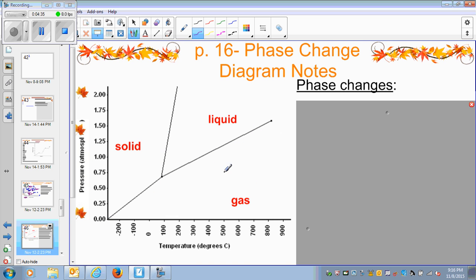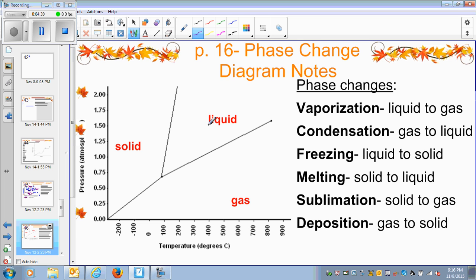So here is the phase change again. You have solid, liquid, and gas, and here you have a triple point. So we have vaporization, condensation, freezing, melting. You have to memorize sublimation, which goes straight from solid into gas, and deposition, gas into solid. The sublimation and deposition happen only below this temperature and below this pressure.